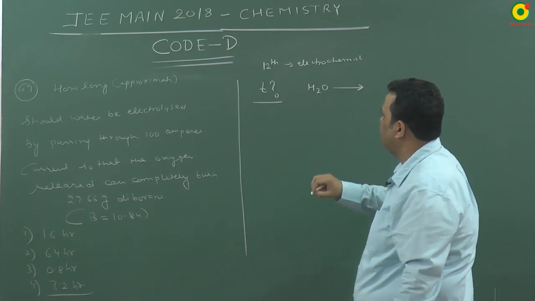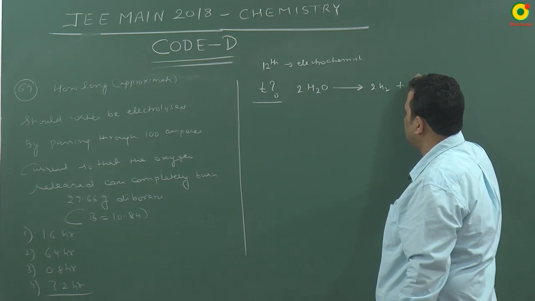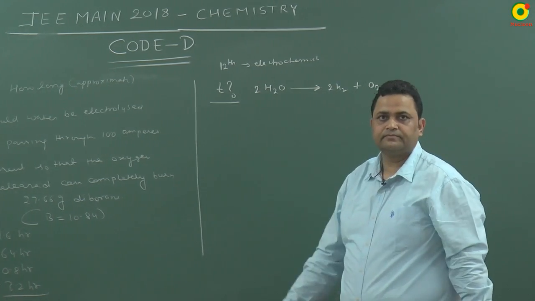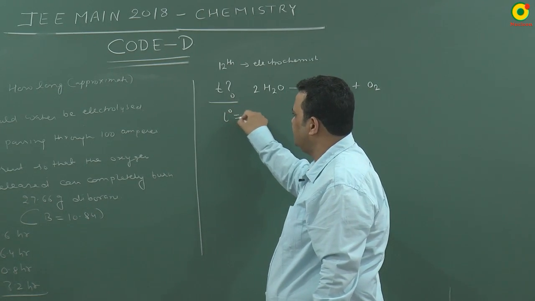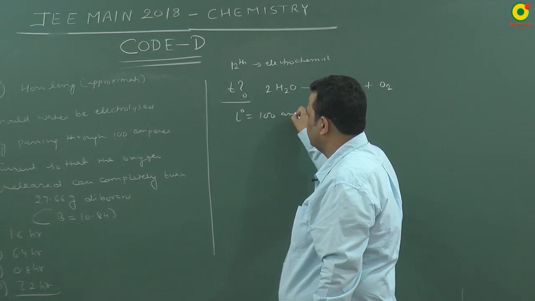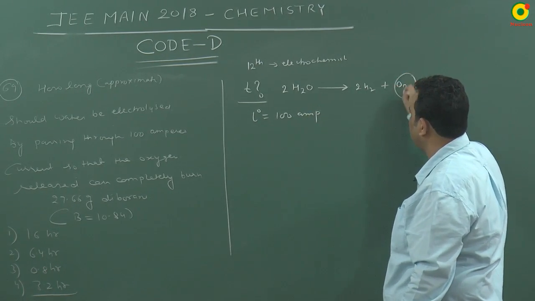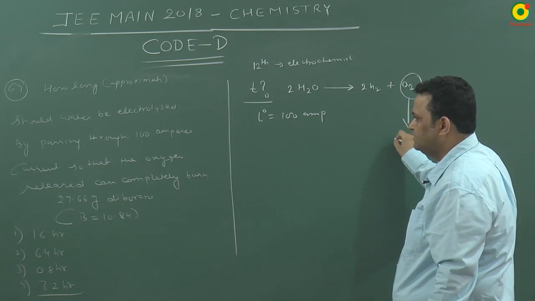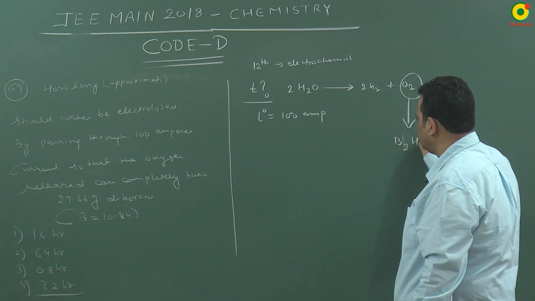When water is electrolyzed, it will produce hydrogen gas along with oxygen gas. Second thing, the current passed is 100 ampere. Now he is asking that this oxygen produced should completely burn diborane, B2H6.